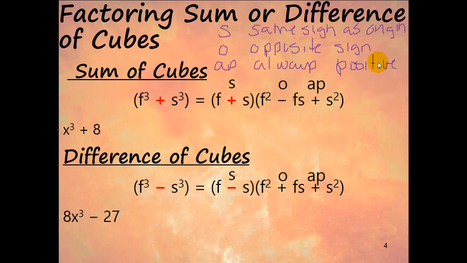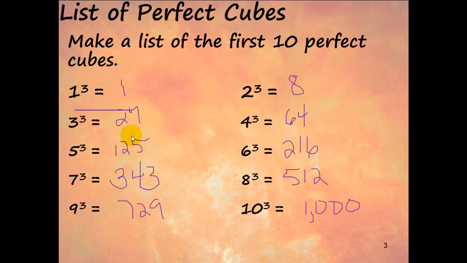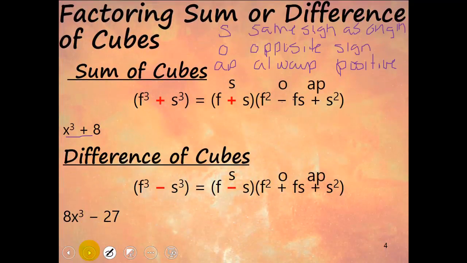All right, here is x cubed plus 8. So x is being cubed and 2 is being cubed. So my first is an x, my second is a 2. Notice that I'm going to do my signs last, okay?